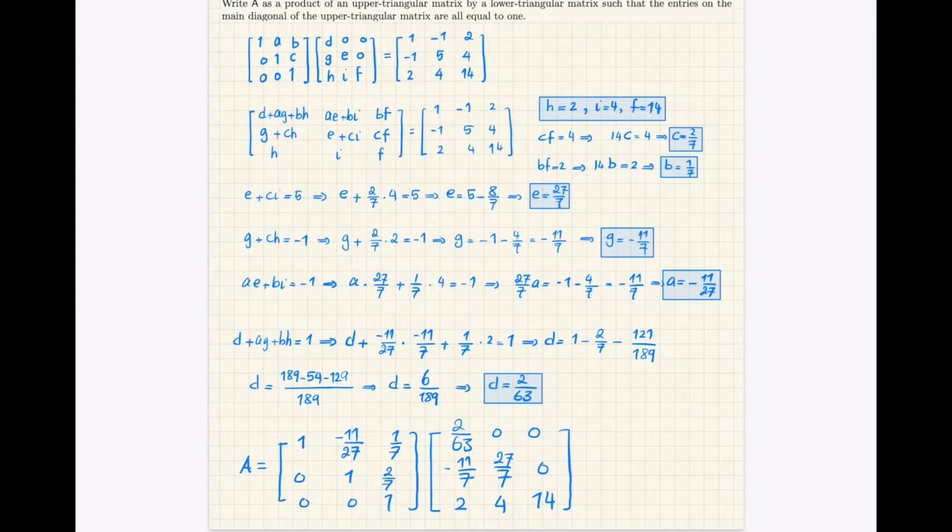Sorry, I think I made a mistake here, because if you see this number is 121, I wrote 129. Let me clean this. So this is 121 now. So if I subtract 121, this becomes 68, and then it becomes 14, not 6.